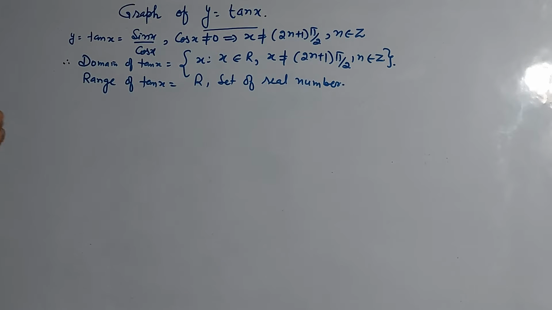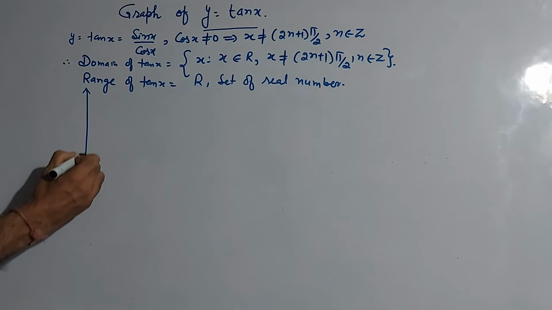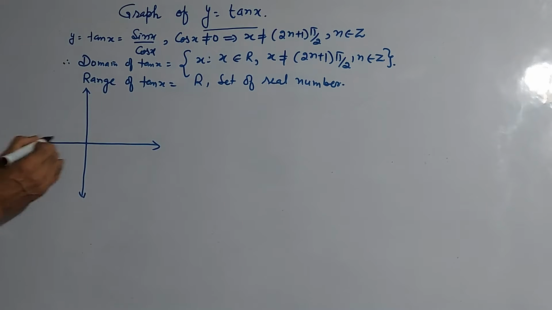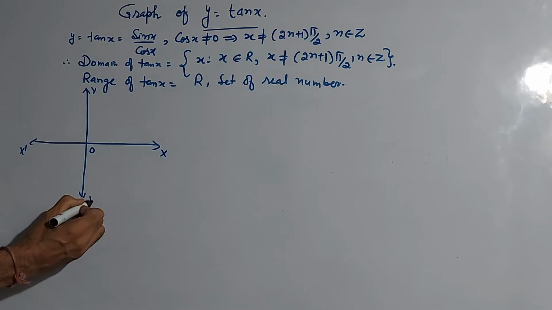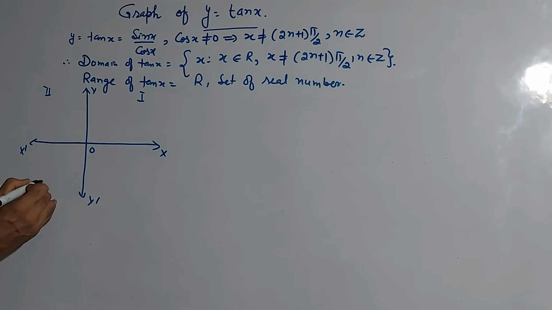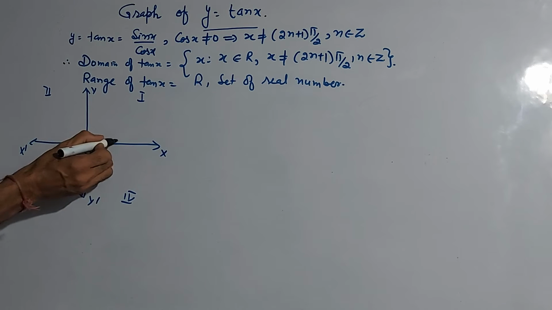Now we will see how the values of tan x change. We will draw a unit circle here to understand the values. This is the x-axis, y-axis. This is the first quadrant, this is second, this is third, and this is fourth.